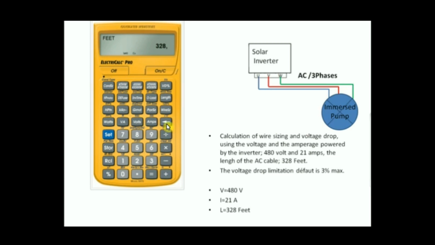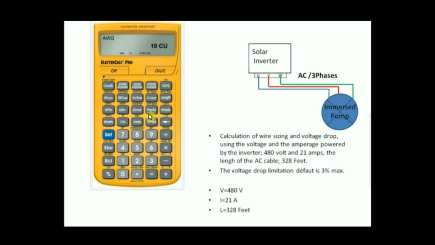And now we're gonna click on the wire size so we can get the section of our AC cable. And as you can see, the wire size is 10 AWG.